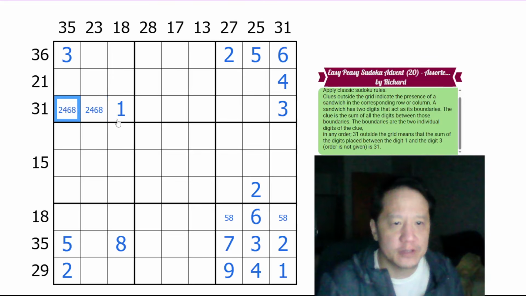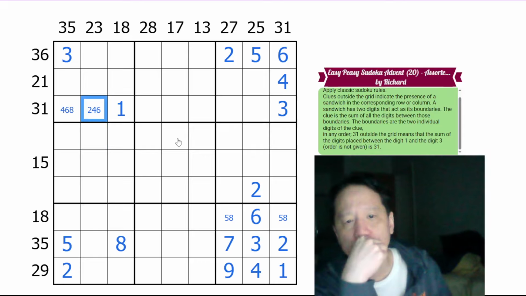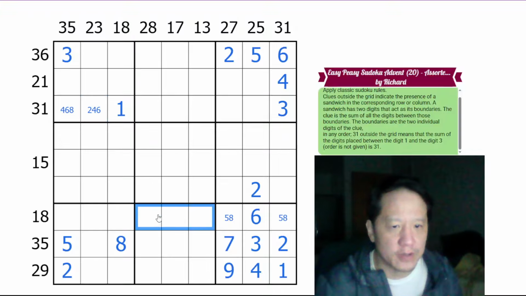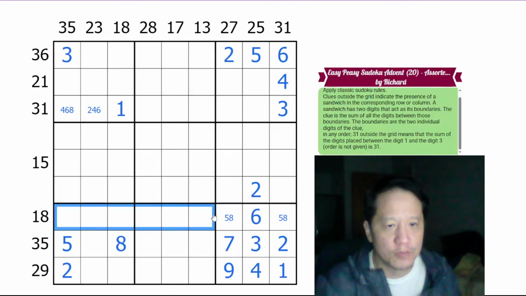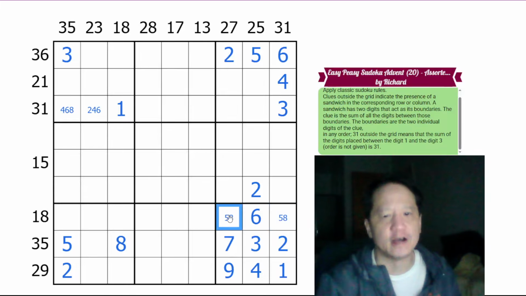And this can't be 2, so this can't be 8 here. We know 2 has to be, oh, this is between 18 between the 1 and the 8 here. If this were 8, it would have to be 6, 5.